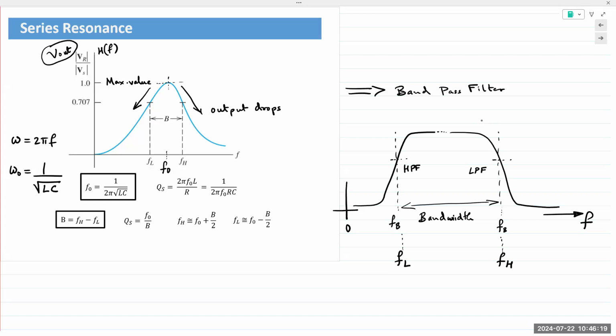The reason is, let's say one station is broadcasting at 107.1. The next station might be broadcasting at 107.3. Seems like it's close together. So if your radio is tuned to a frequency right in the middle, it is going to receive signals from both radio stations at the same time. And that's why you might hear two different voices coming from two different radio stations at the same time.